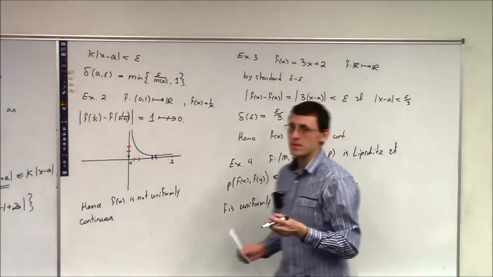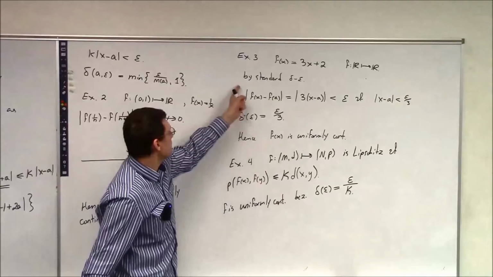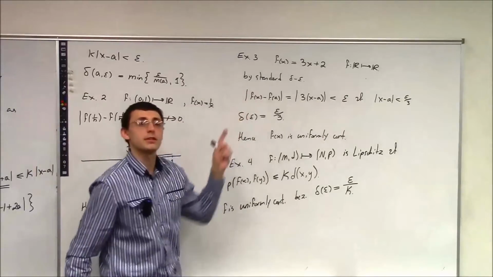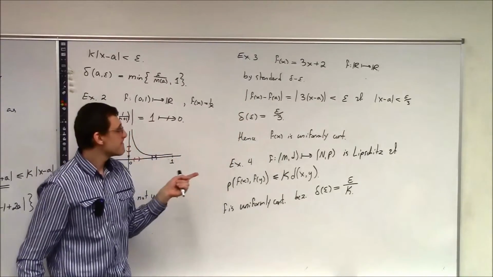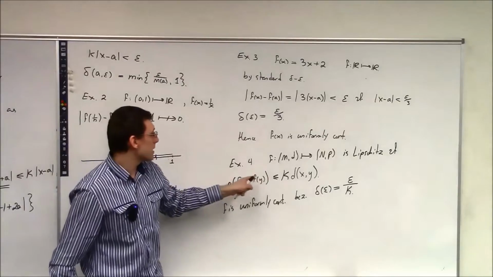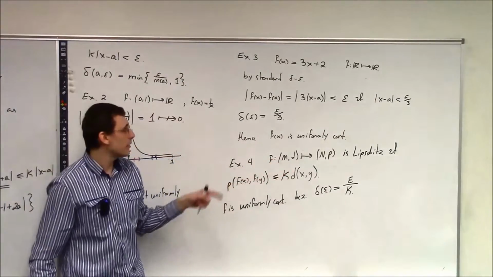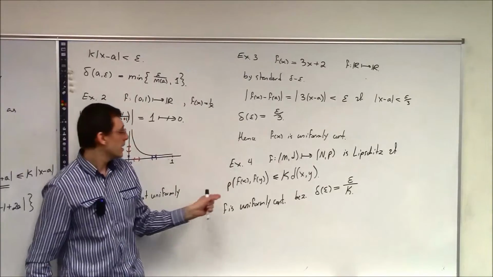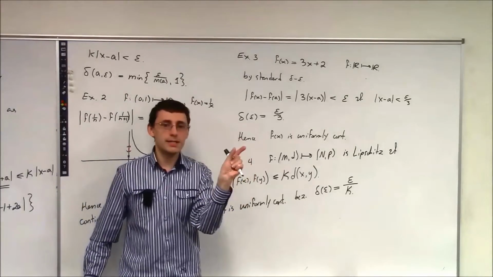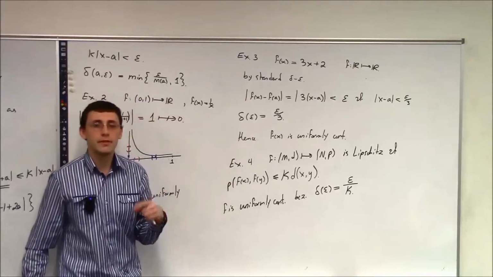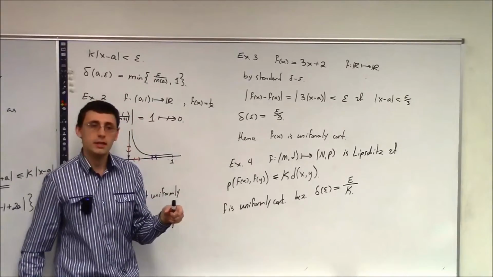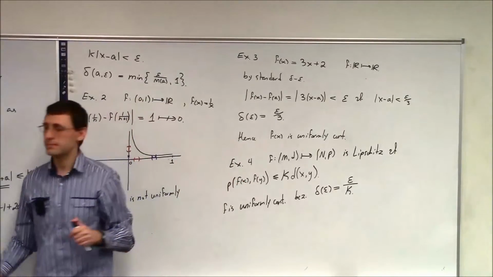Okay. So in other words, this example was just a Lipschitz function where the constant was 3. What this is saying is that if I think of M as the x-axis and N as the y-axis, then the interval on the x-axis is not expanded more than a factor of k. And that makes it uniformly continuous.